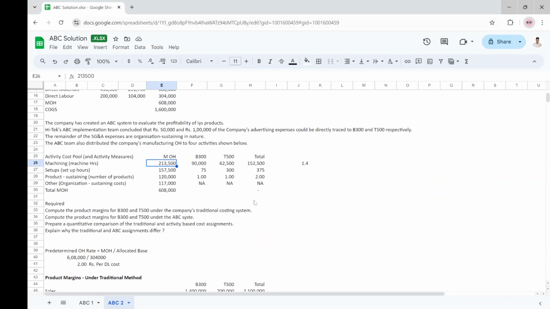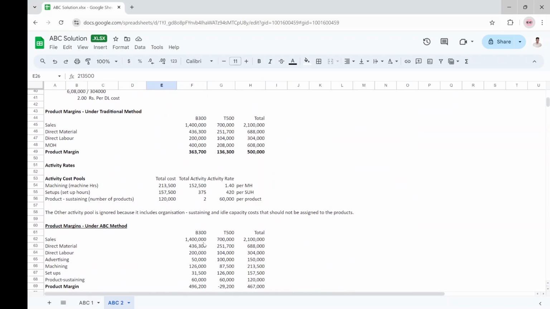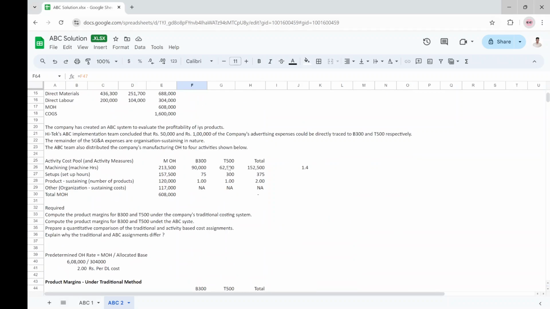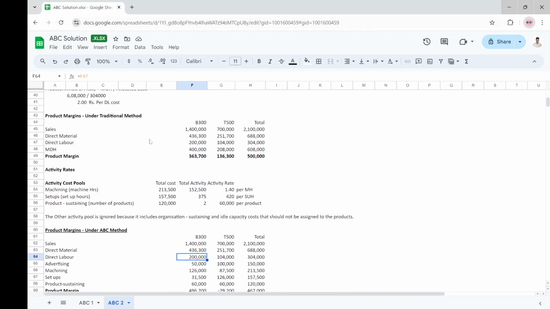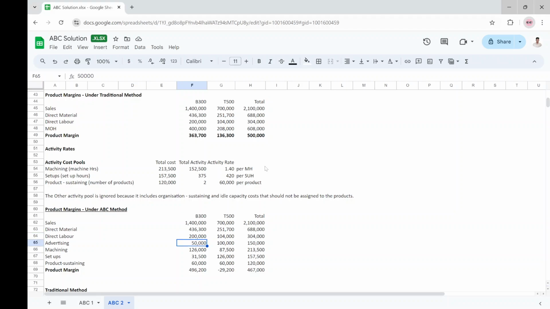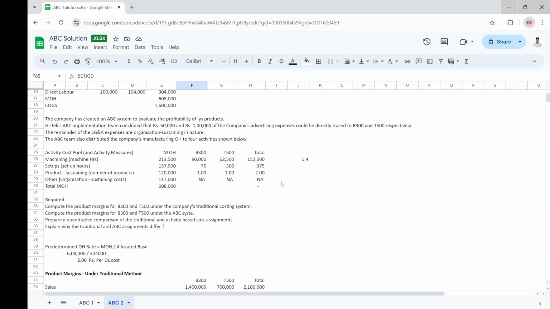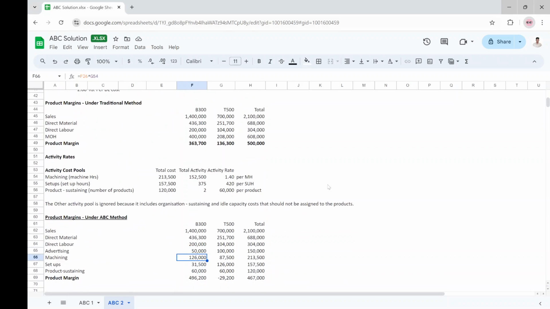Whatever it is, what you have to do is again revenue, direct material, direct labor. Now for material, they said that 50,000 and 1 lakh we can allocate, so we allocate that. Now machining will be 90,000 into 1.4, which is 126,000.